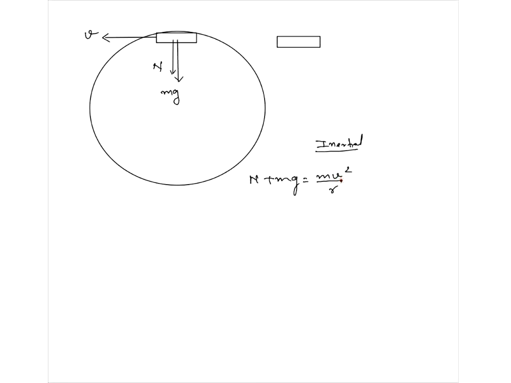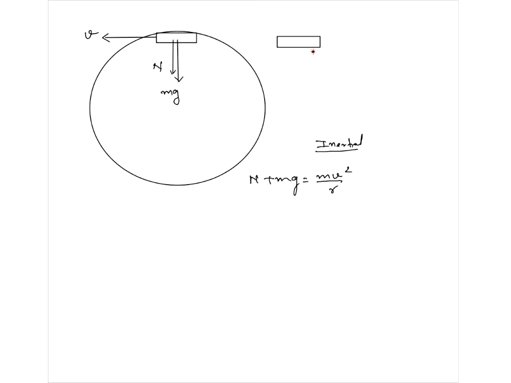So for the motorcycle, in the case of normal reaction becoming just zero, mg is providing the centripetal force. The satellites which go around the earth, whether man-made or nature-made like moon, all work like this: mg equal to mv square by r. So why doesn't moon fall? Why does this block fall and why doesn't moon fall?